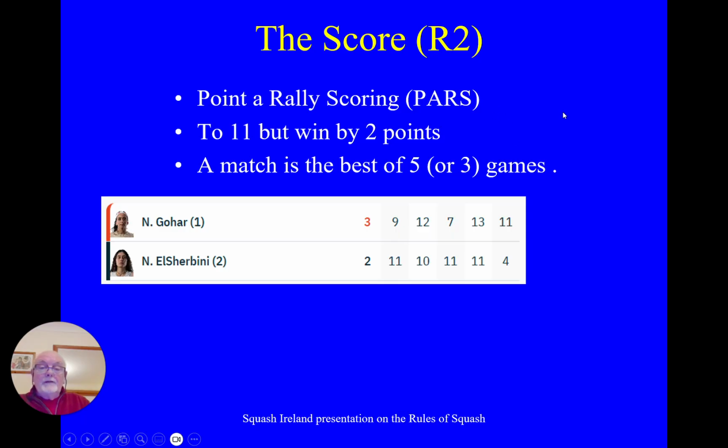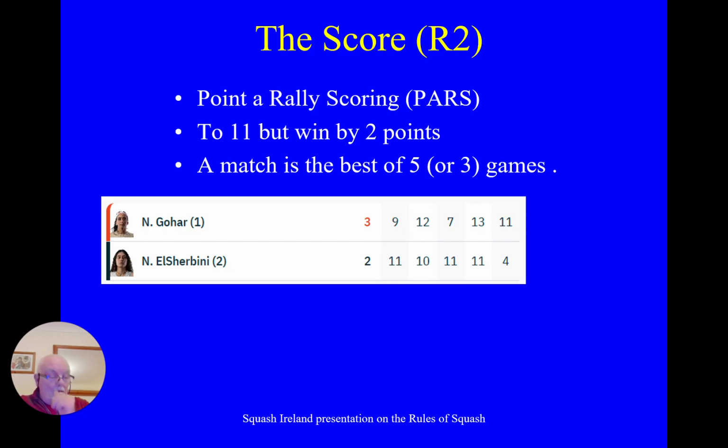And continuing on the theme of the score, we'll see here the result of the final of the British Open 2025 Women's, where Nouran Gohar beat Noor El Sherbini by a score of 3-2. And if you were the marker in that particular match and it was 10-4, you would have been saying something like 10-4 match ball, or maybe even championship ball.